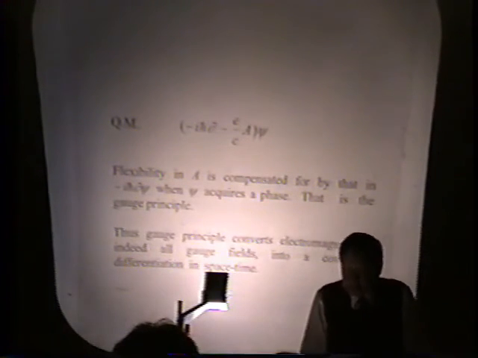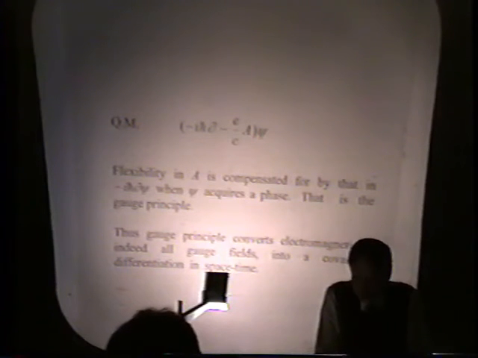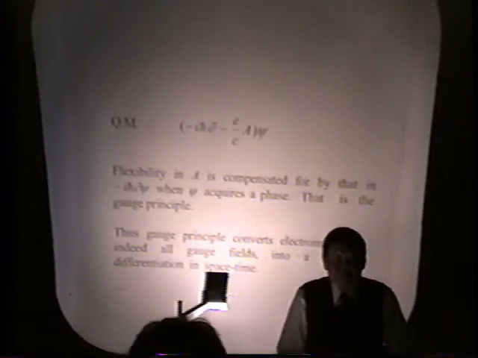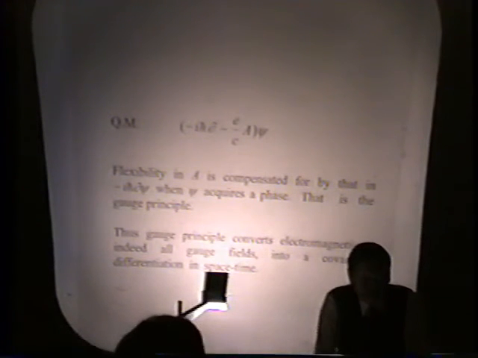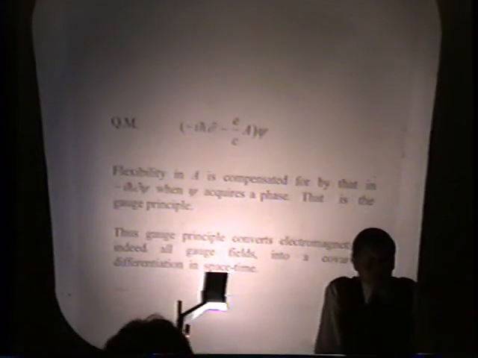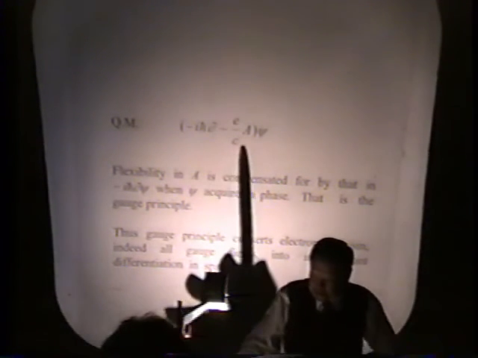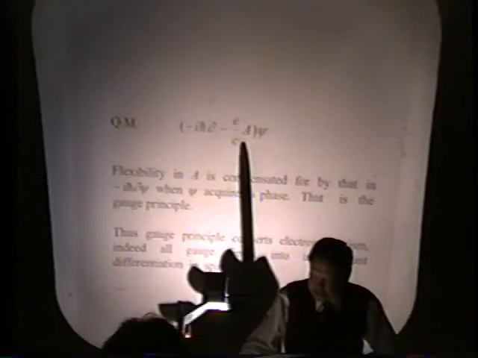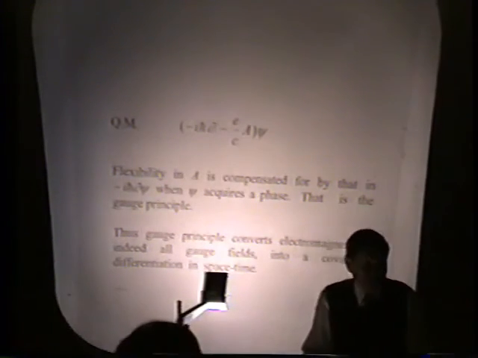The definition of A has a certain flexibility because, as I've already referred to, if you add a gradient to A, it does not change the equation H equals curl of A. How does that flexibility in A get into an expression like this, which cannot be that flexible?